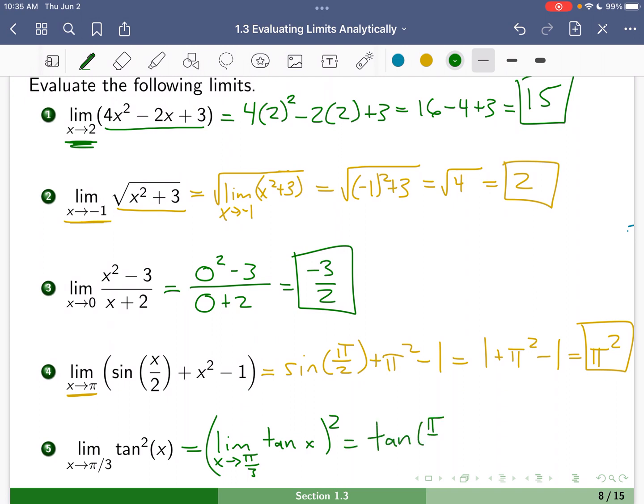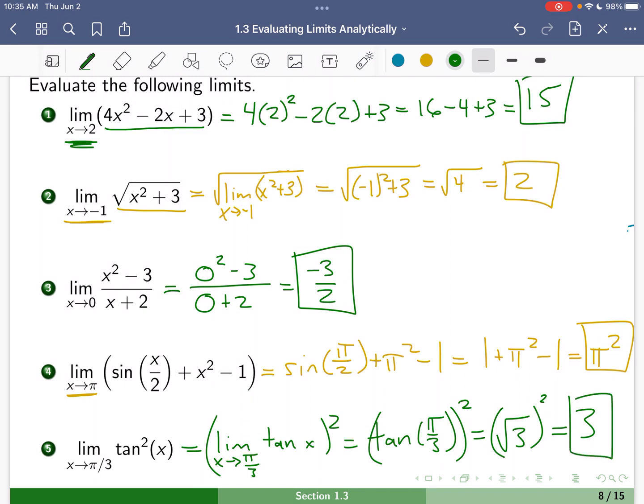So we have tangent of pi over 3, which is going to be squared. Tangent of pi over 3 is the square root of 3. And so when we square the square root of 3, we will end up with 3 itself.